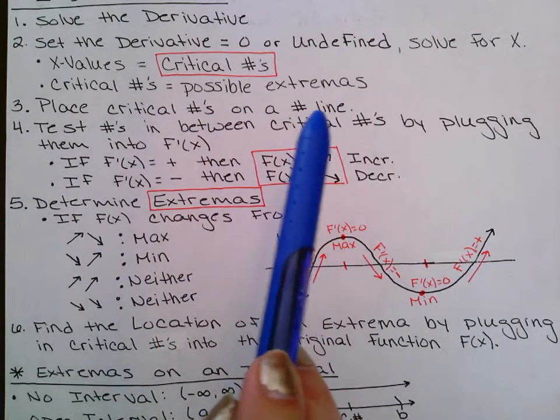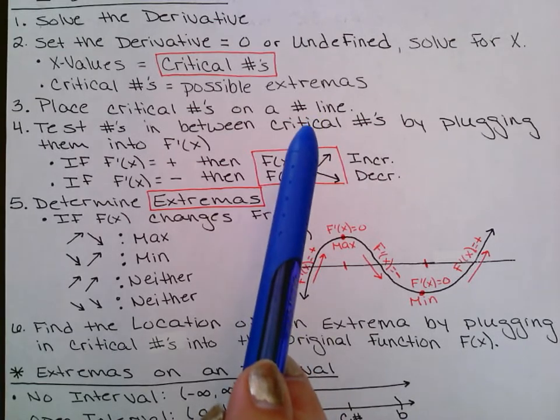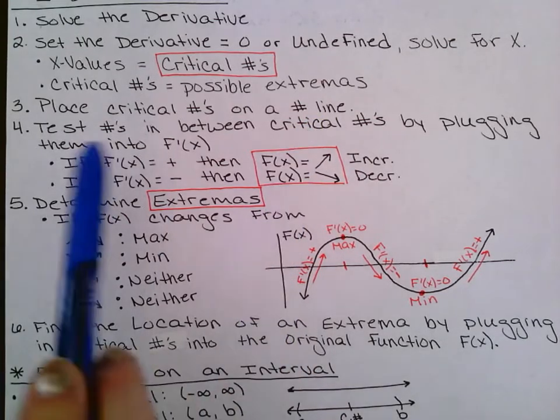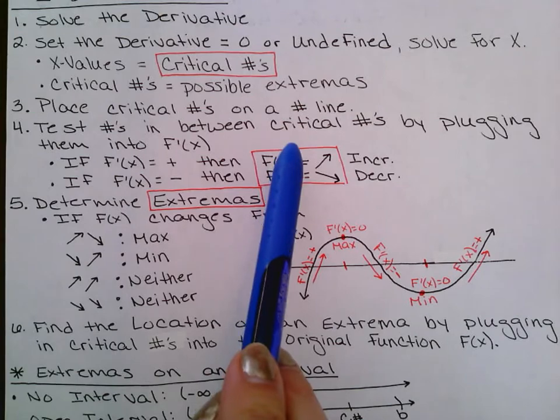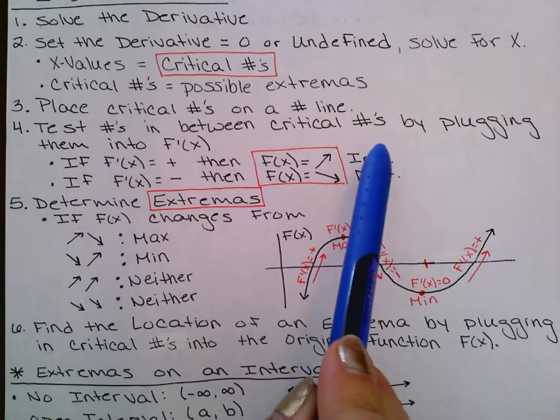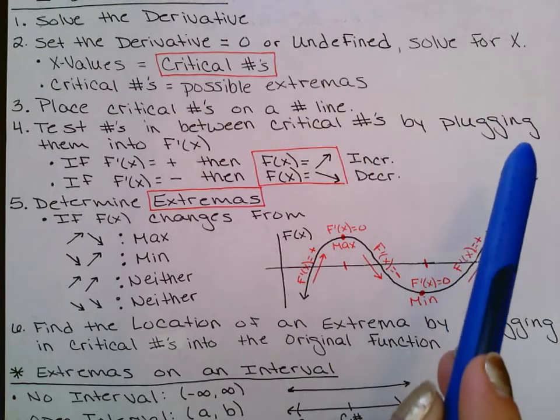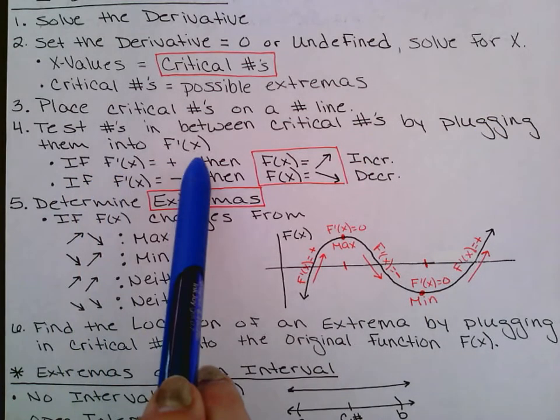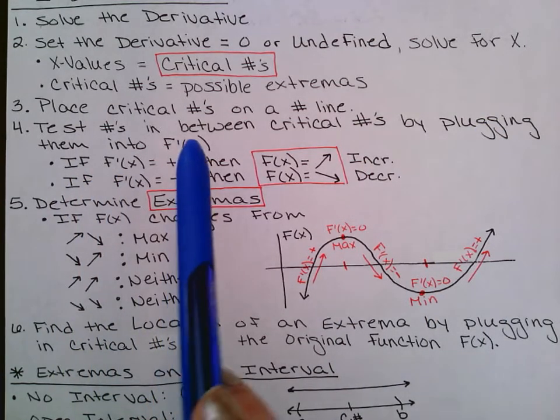So once you get those numbers, you're going to have to start testing for them, okay? And then here's how we do that. We're going to place those critical numbers on a number line. We're going to test the in-betweens of the critical numbers by plugging x values into the derivative, okay?